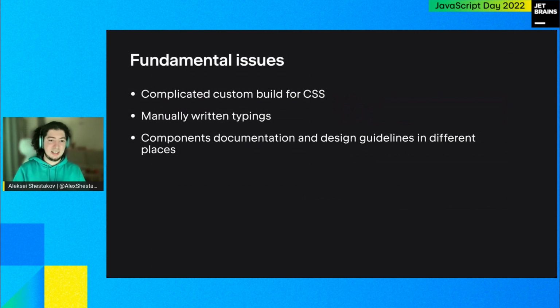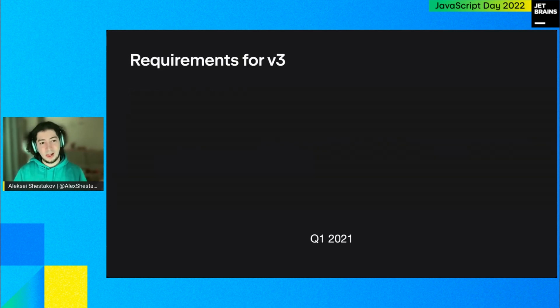Also, design guidelines and components documentation were hosted in different places, which was not obvious for newcomers and caused many broken links between these two parts of documentation. The requirements for the third version directly correspond to those issues.